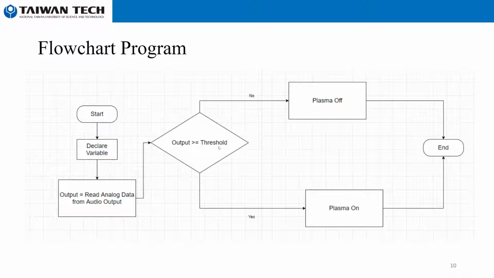In our project, we set the threshold to 25. Anything over 25, it will read the signals and it will turn on the plasma. Anything under 25, then it will not turn on the plasma.